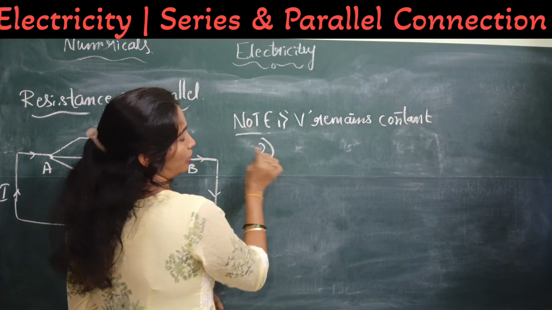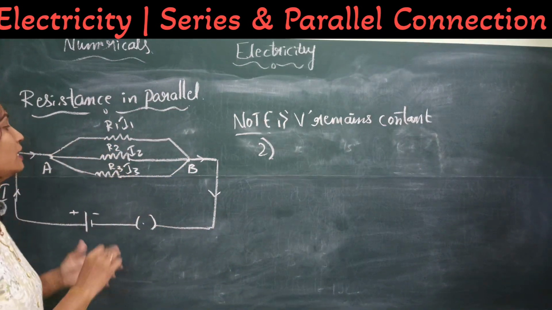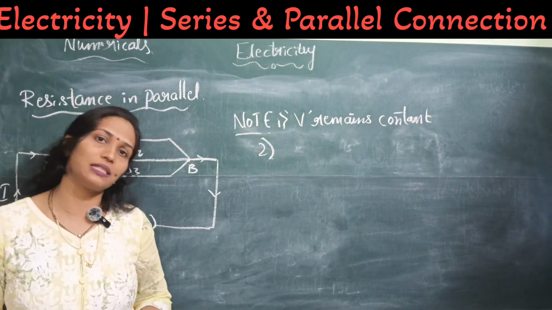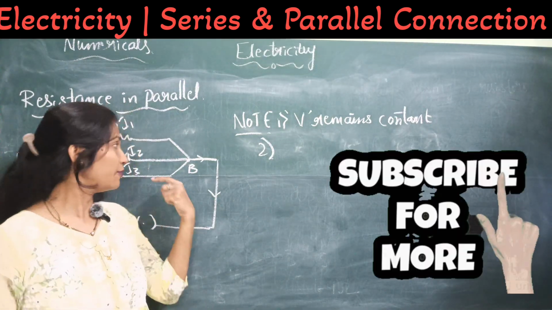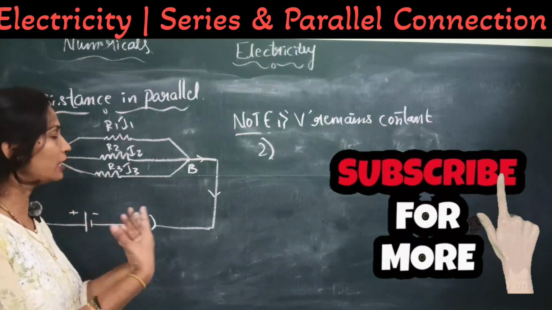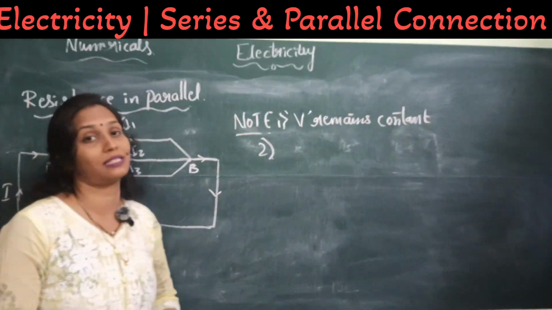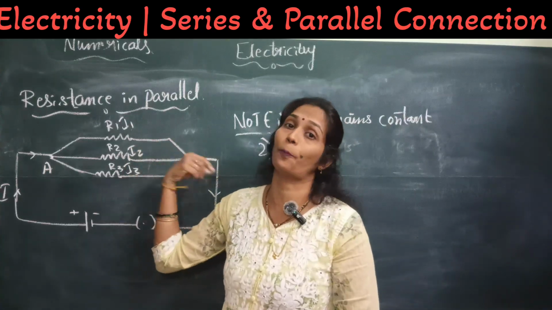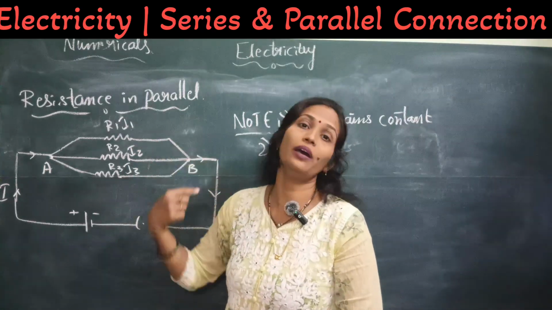But what is the second note? Very important. I is different for different resistances. The more the resistance, the less current will pass. With less resistance, the current will flow easily and there is more current, because R is inversely proportional to your current.